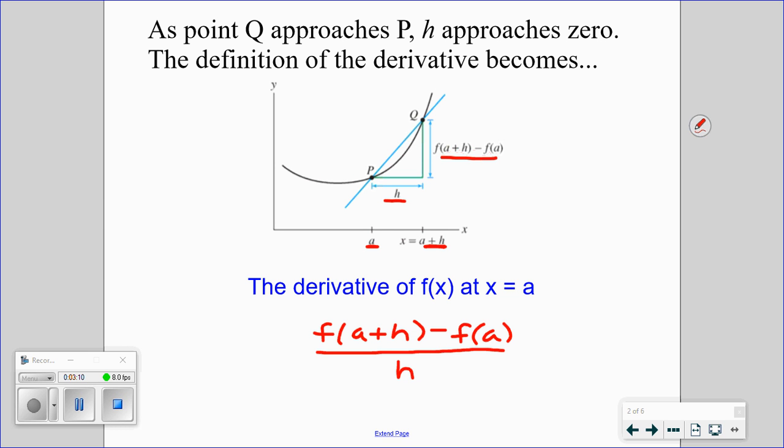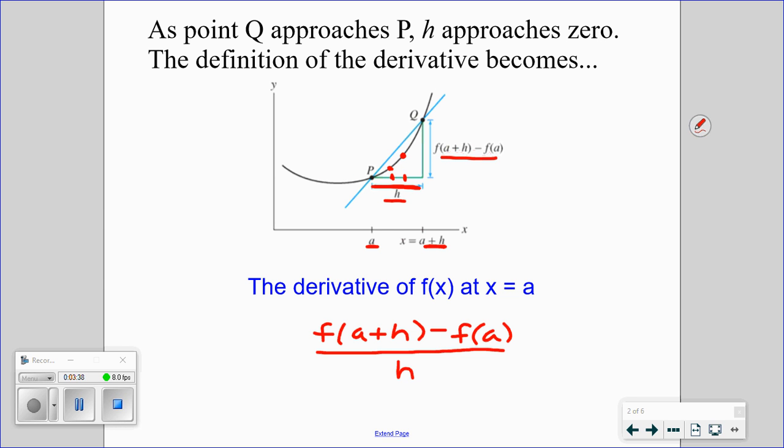This is a way to find the slope of the secant line, and then to find the slope of the tangent line, we're going to move point Q closer to point P. As Q approaches P, that means that h is approaching 0. As Q gets closer to P, this distance that we're calling h is getting smaller and smaller.